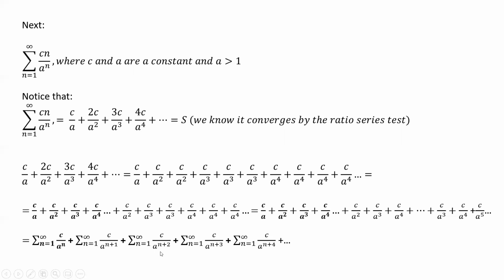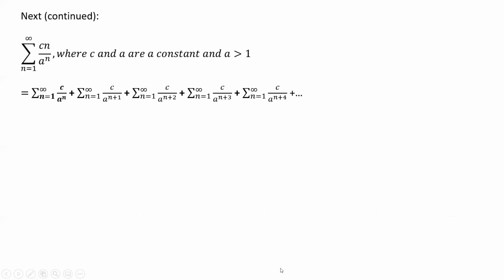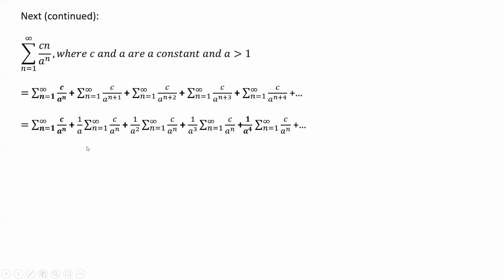And the c over a to the n plus 2 would just have two a's in the denominator, so I can pull it out. And then the fourth one here, a to the n plus 3, I have to pull out a cubed in the denominator. And then, of course, just repeat that pattern on and on, which means I now have 1 over a squared, 1 over a cubed, 1 over a to the fourth, and so forth, by pulling out those a's from the denominator.